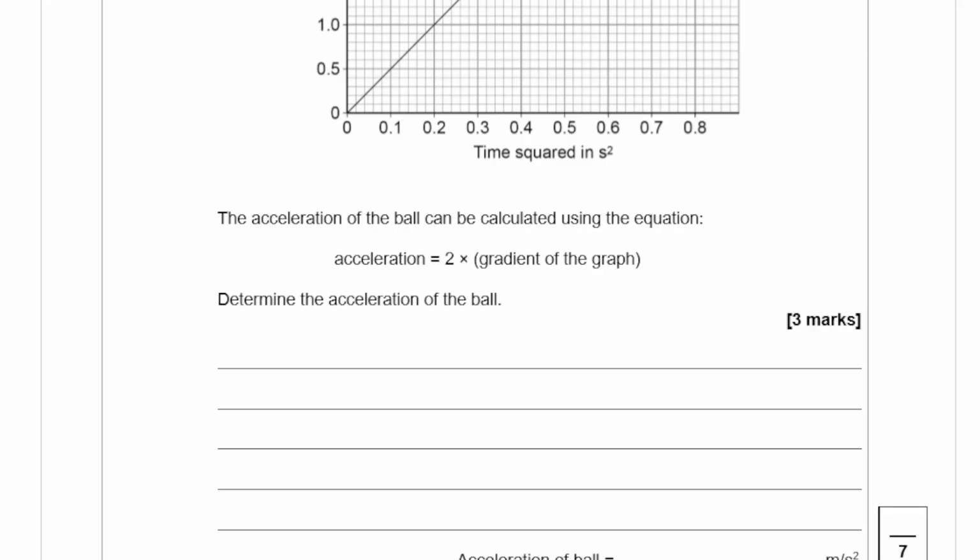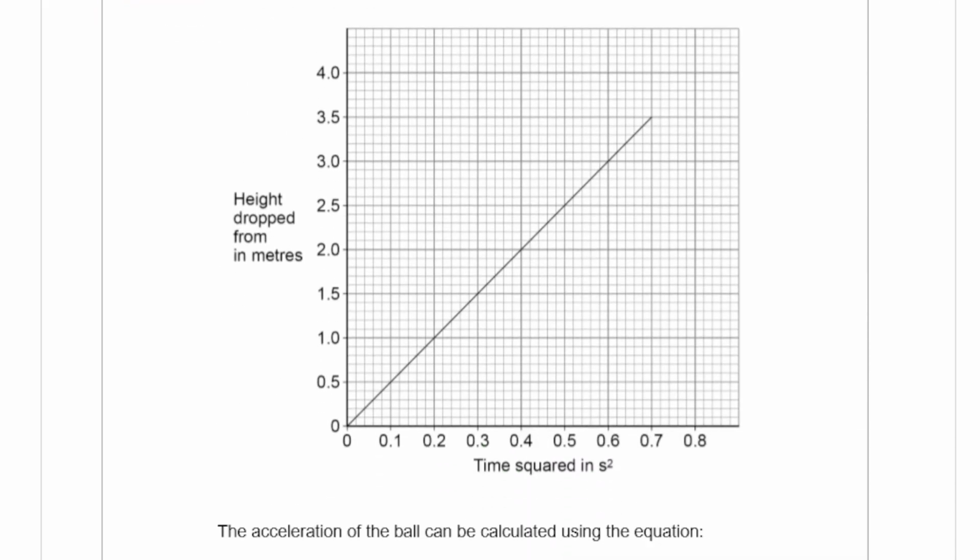So for that, you need to determine the gradient of the graph, which is y over x. So gradient equals y over x. So if I choose this value and draw a straight line, there you go. So y equals 3.5 meters.